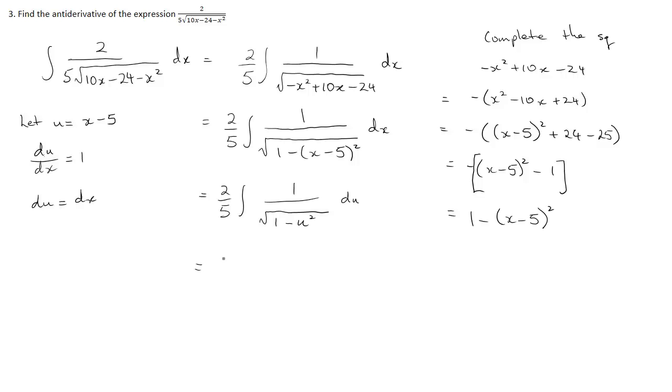So now this is the same as the sine inverse. So basically we need to replace all of that with sine inverse of u over 1 plus c. Okay, and that's just going to become sine inverse of u. Now u was x minus 5. So that's our antiderivative.